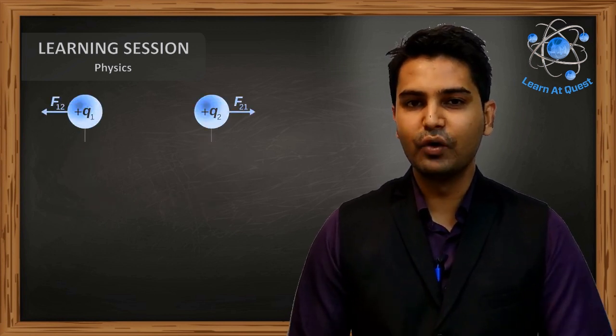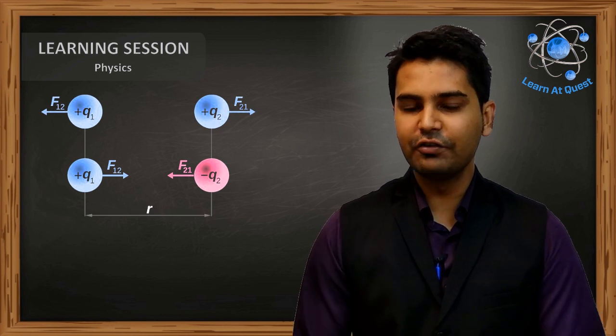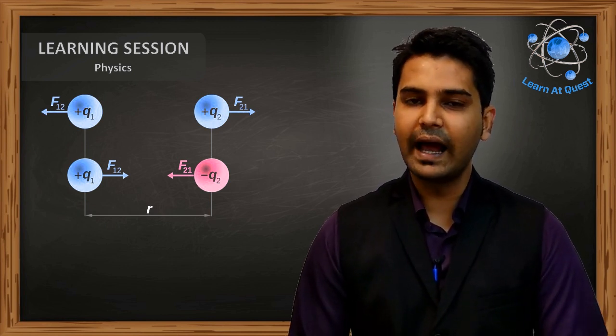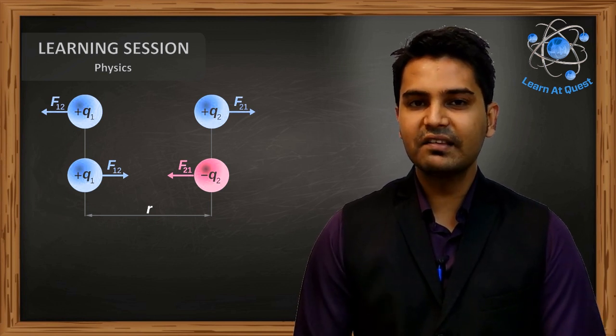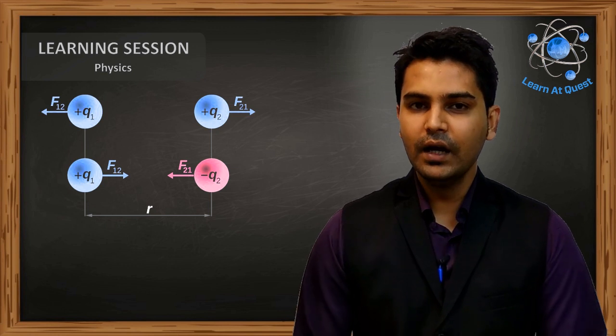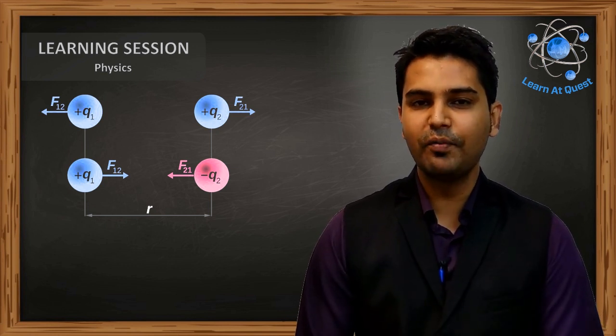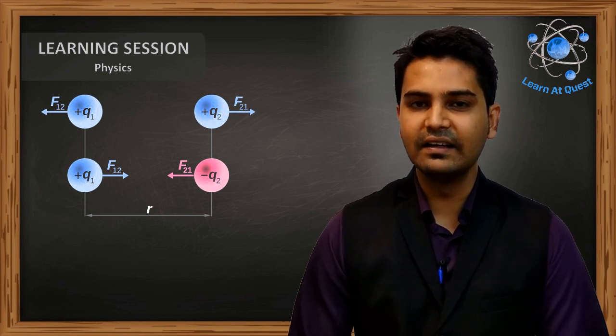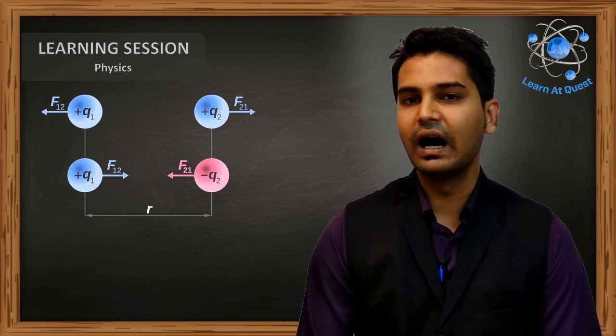Let us now replace the polarity of the two charges by the magnitudes of the charges. Let's say the magnitudes of the two charges are Q1 and Q2. Let us say the distance between the two charges is given by the letter small r. Look at the first case here. We have two positive charges whose magnitudes are Q1 and Q2, and the distance between them is equal to r.